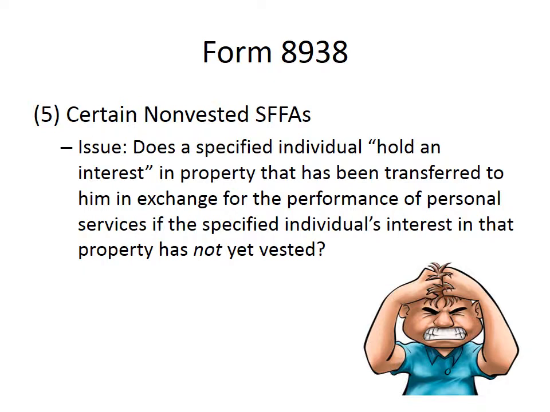But what we have here is a situation where someone has performed personal services and has received property in exchange for compensation, but the person's interest in that property has not yet vested. Does the person hold an interest in that property if it has not yet vested?